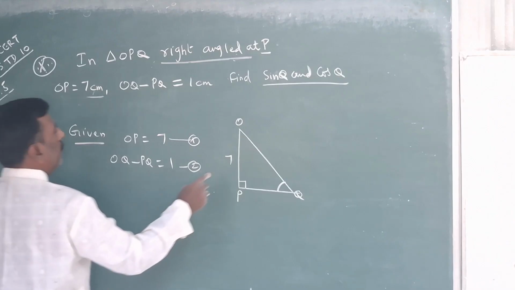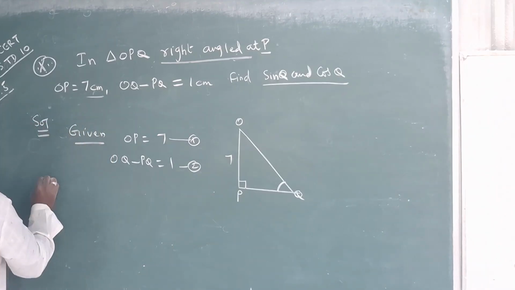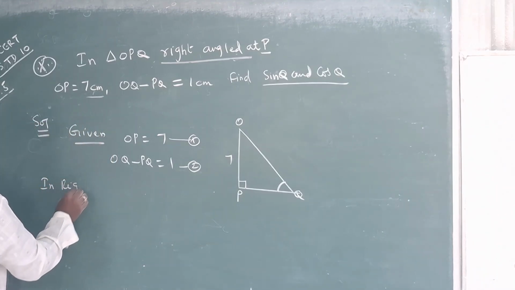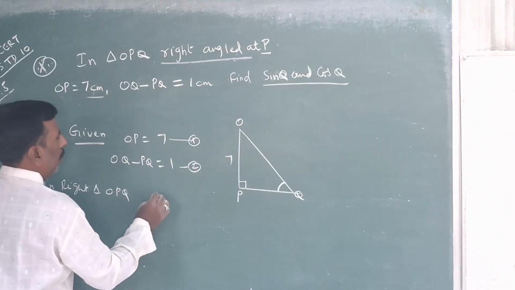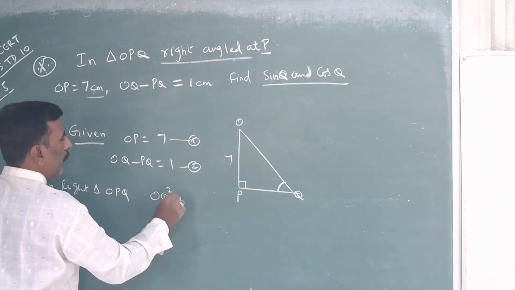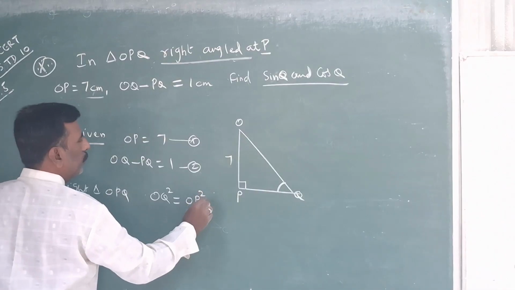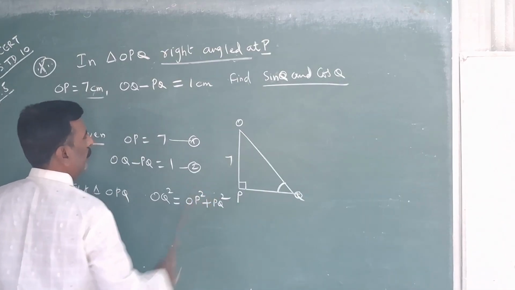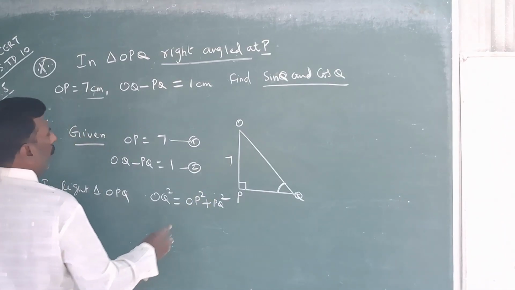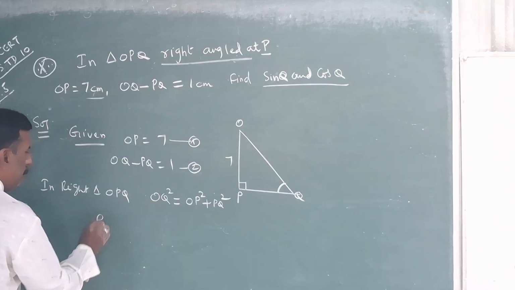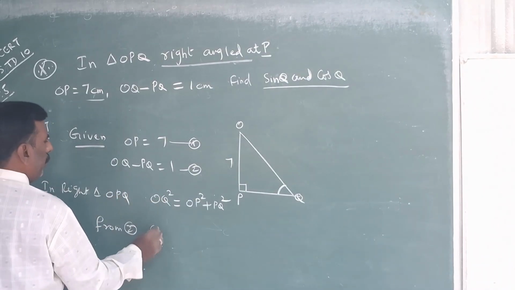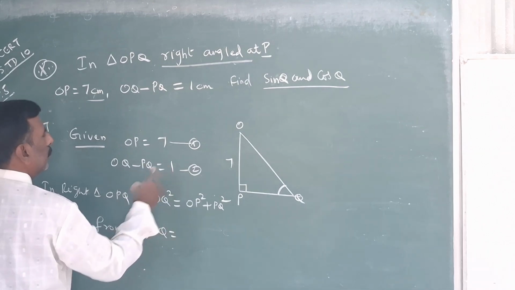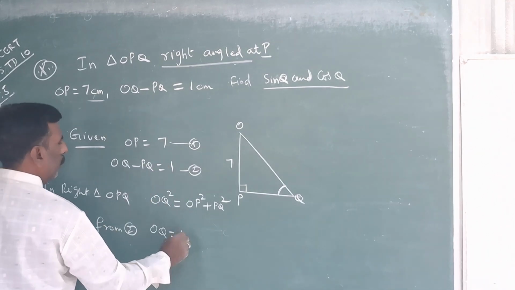Now, using the Pythagoras theorem in right triangle OPQ, we know that OQ squared equal to OP squared plus PQ squared. Put it as 3. From 2, OQ equal to 1 plus PQ.